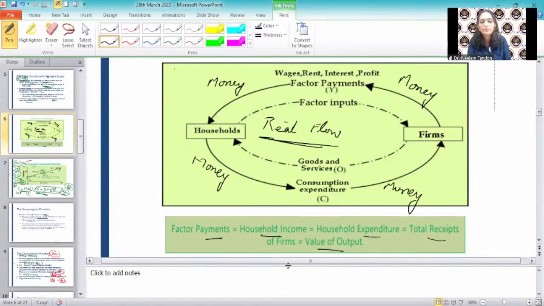This is an assumption made to help you understand the concept of real flow and money flow. I hope it is clear to all of you. Okay, so this is what I wanted to share. Rahul, I hope it is clear to you.